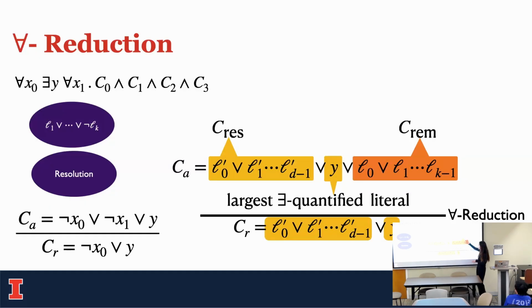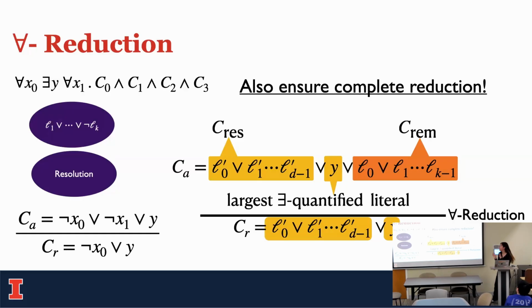That is what should be removed and what should remain. If the reduction removes all the for all literals after Y, it ensures a complete reduction that fulfills all requirements of the soundness of the Q resolution proof.